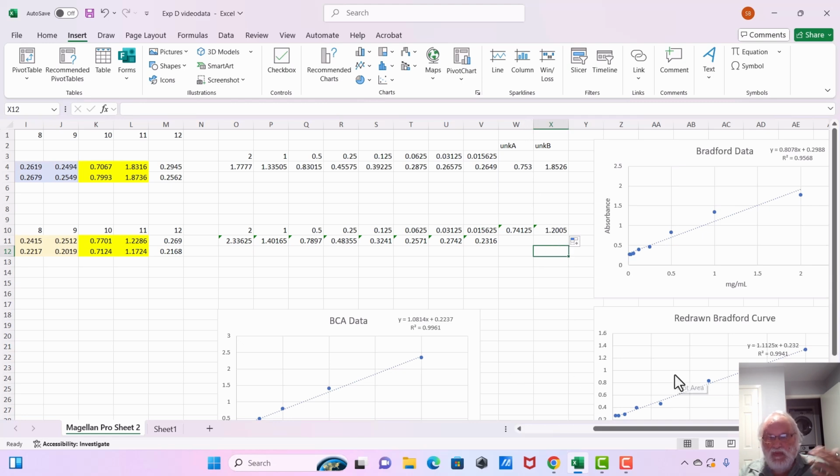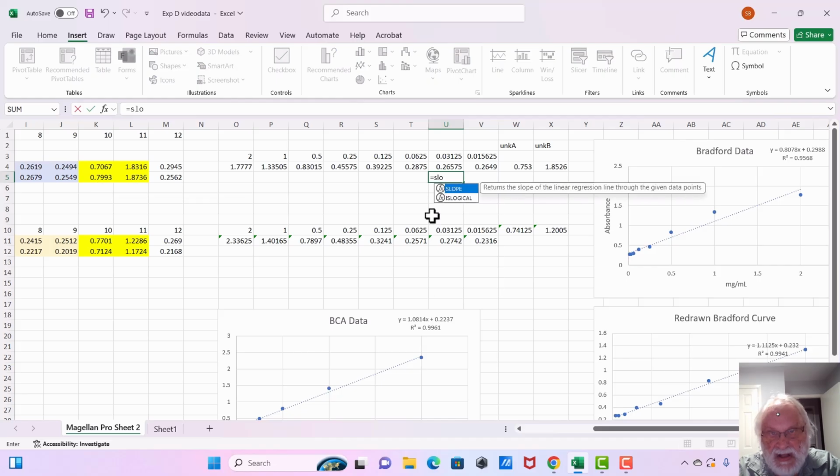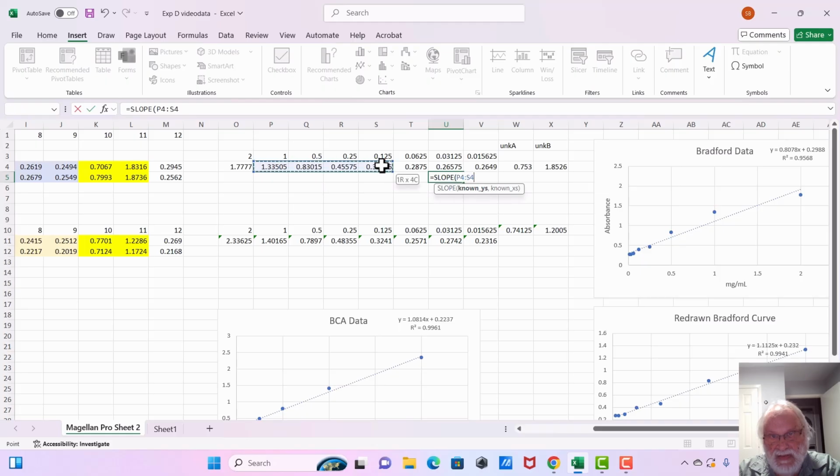Since you have the equations here, you could actually copy the slope and the y-intercept from the actual equations I had you print here. But what I like to do is to go ahead and calculate them because Excel will calculate them for you. So the slope is equal to these values.